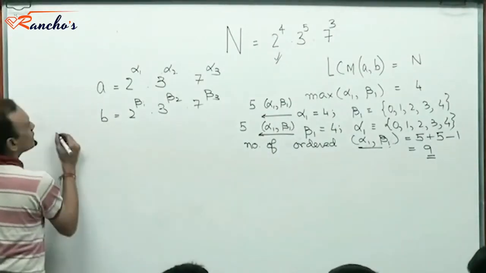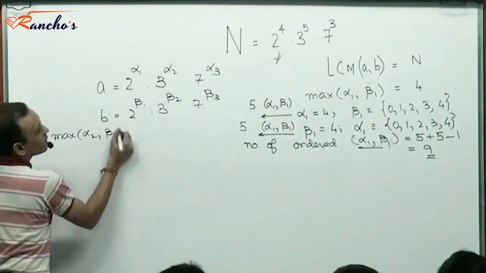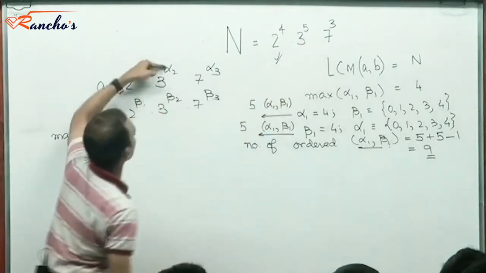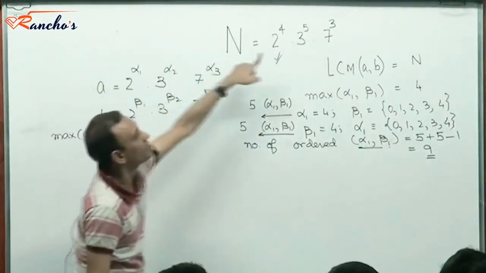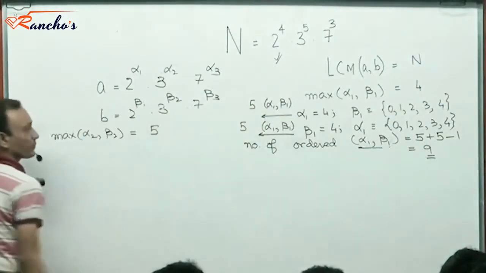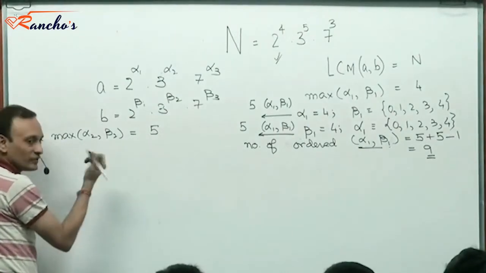Similarly, the maximum of alpha 2, beta 2 would be what? 5. The larger of alpha 2, beta 2 powers of 3 must be 5. That means 11 ways is what you will find. You can check that out.